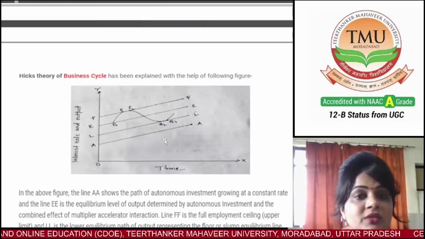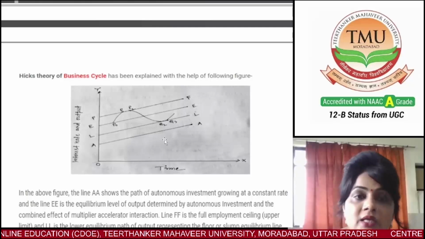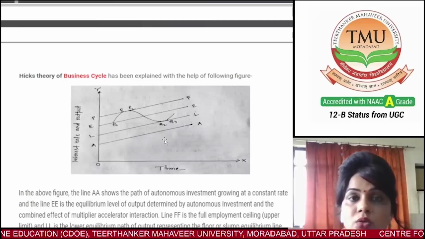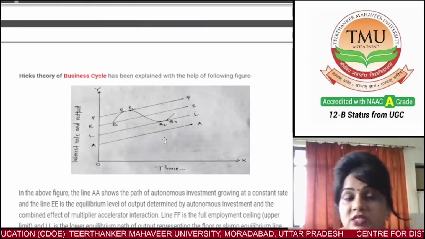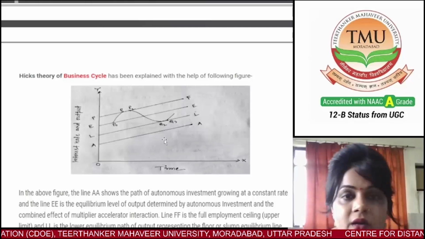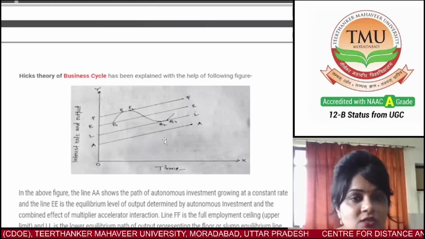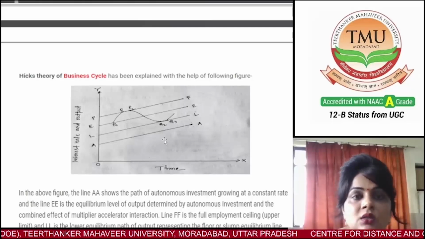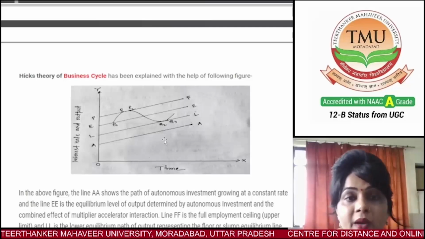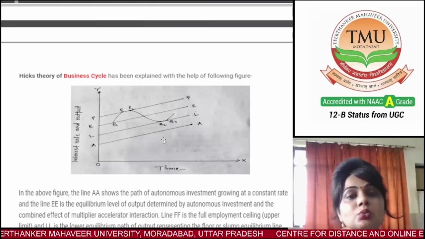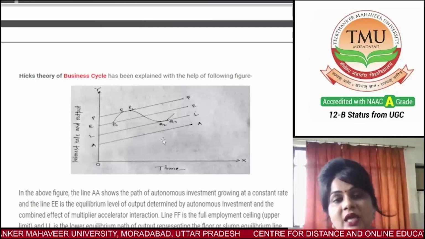Hicks assumed that autonomous investment, depending as it does on technological progress, innovations, and population growth, grows at a constant rate, which, with a stable multiplier and accelerator, means equilibrium income will grow at the same rate as autonomous investment. It follows, therefore, that the failure of actual output to increase along the equilibrium growth path, sometimes moving above it and sometimes below it, determines the business cycle.